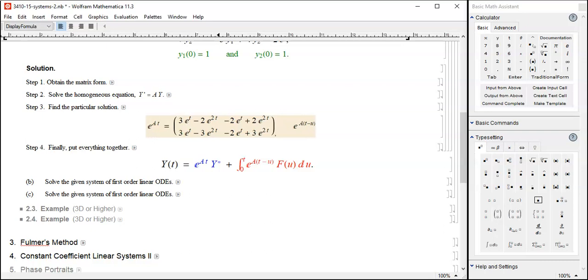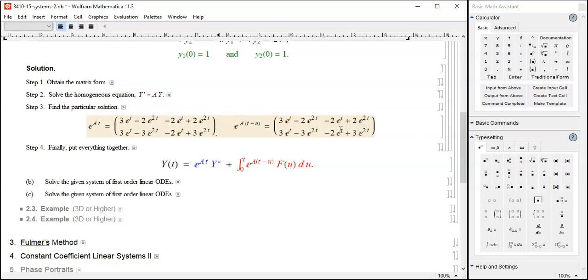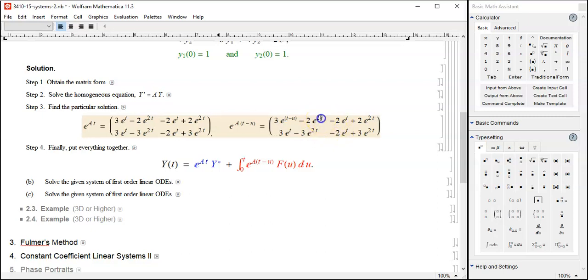I forgot a. So in this expression, which is for e to the at power, now I want e to the a t minus u power. So all I have to do here is to replace all these t's by t minus u expressions.